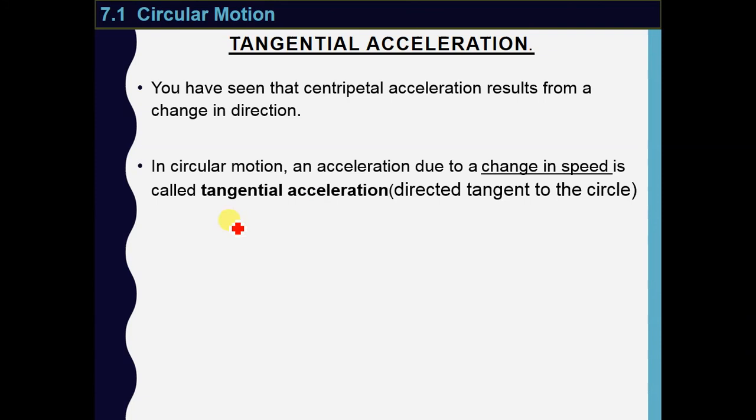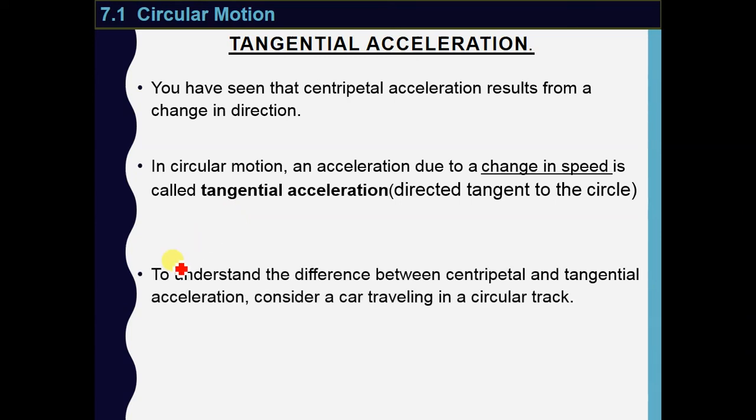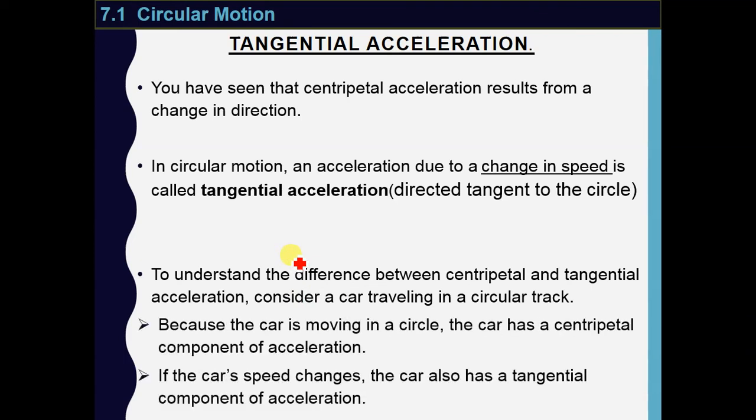Why is it called tangential acceleration? Because this type of acceleration will be drawn tangent to the circle. To understand the difference between centripetal and tangential acceleration, consider a car traveling on a circular track. Because the car is moving in a circle, it definitely has a centripetal component of acceleration because its direction is changing.